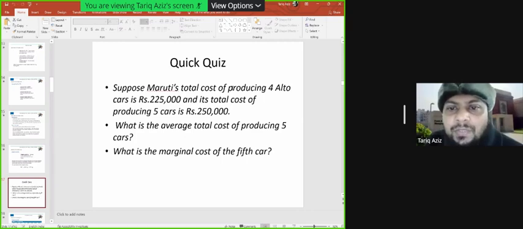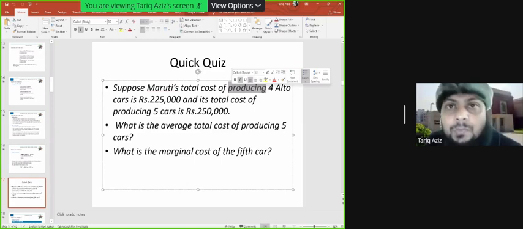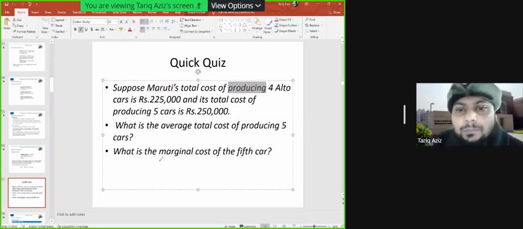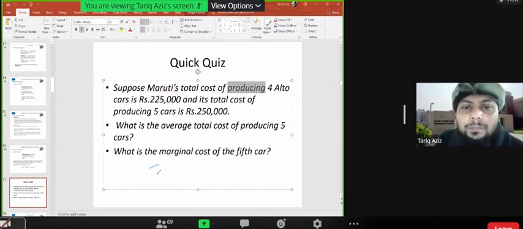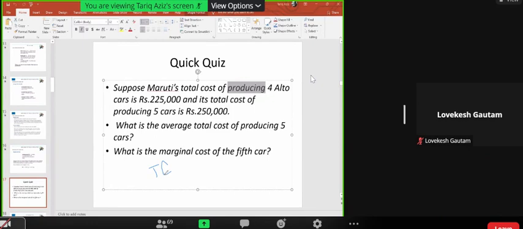What is the average total cost of producing 5 cars? So first you have to answer what is the average total cost. For calculating average cost, total cost upon quantity.